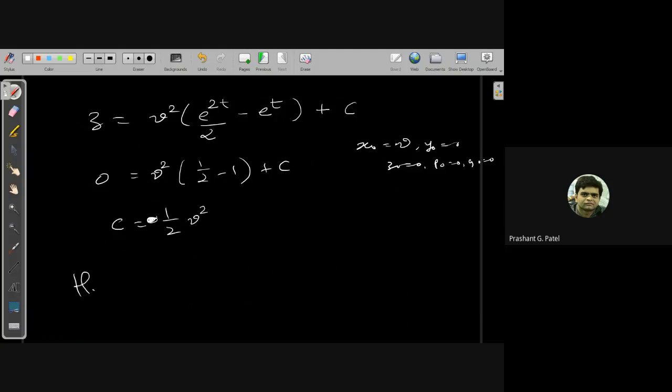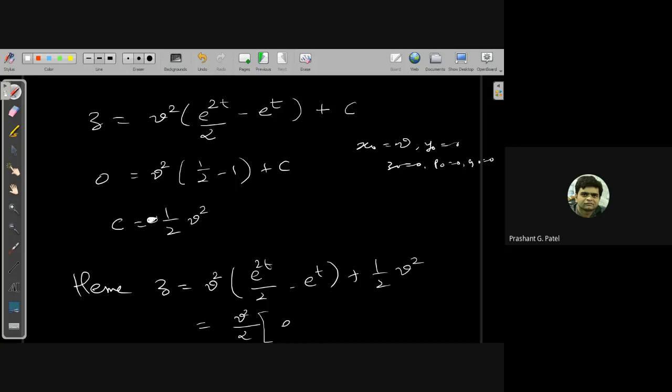So hence the value of z is v square e power 2t by 2 minus e power t plus the value of c, which is 1 by 2 v square. V square by 2 you can take common.